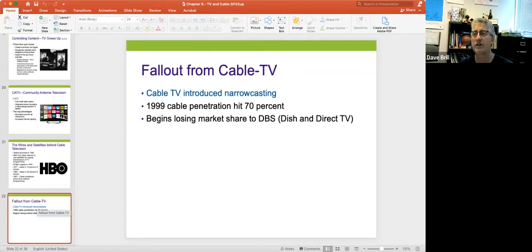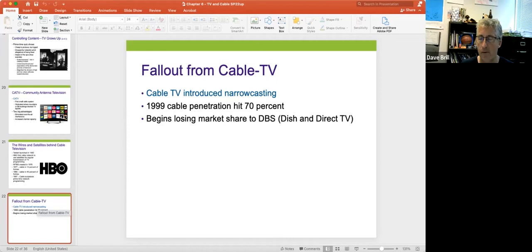If you're watching, say, ESPN, ESPN and advertisers can find each other, so that whoever is watching, they develop an idea of who that person is, what their age is, what their sex is, what they might be interested in terms of buying. And that's why cable television is so appealing in many ways to, or was to advertisers. By 1999, by the way, cable penetration had hit 70%.